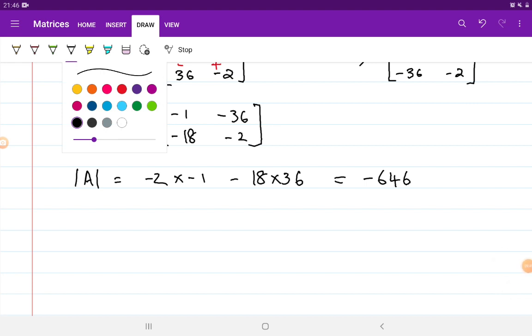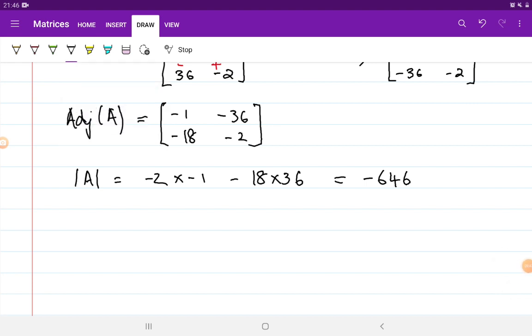So A inverse is equal to minus 1 by 646 into the matrix minus 1, minus 36, minus 18 and minus 2.